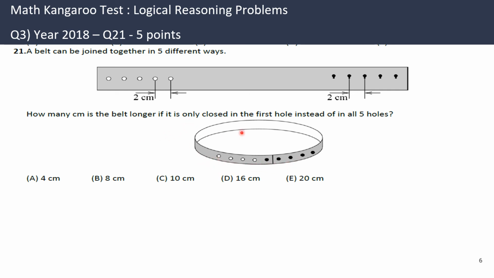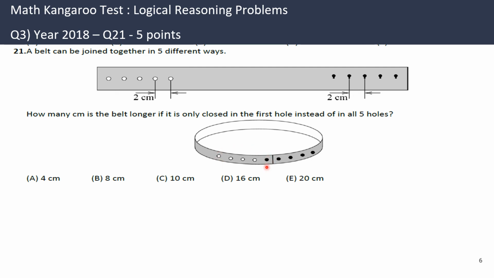But here they have asked us, the hook is held in the first hole, so the belt has gone longer from here to here. Let me explain this one more time. If this hook was put in the 5th hole, the belt could have been secured also. But here the hook, instead of being put in the 5th hole, has been secured in the first hole.